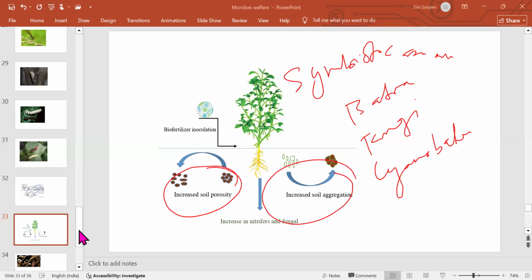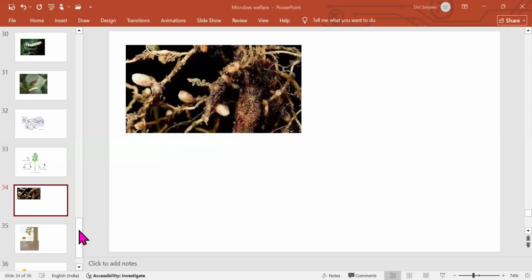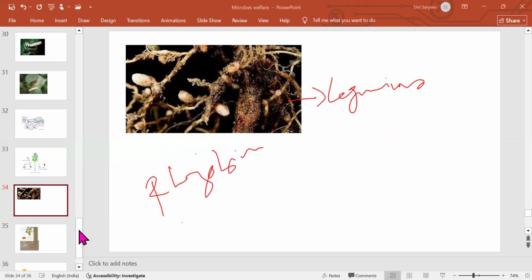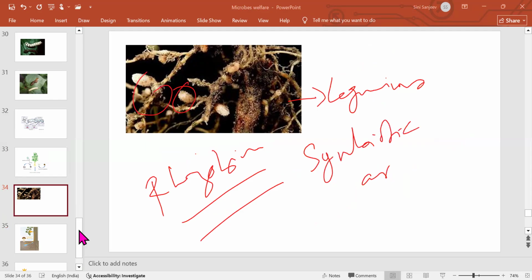These are the root nodules of a leguminous plant, and this is because of rhizobium. Rhizobium is a bacterium which lives in these root nodules and gives rise to a symbiotic association, where the rhizobium is benefited and the plants are also benefited.